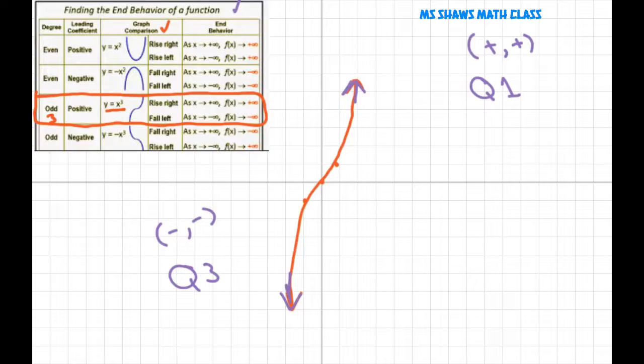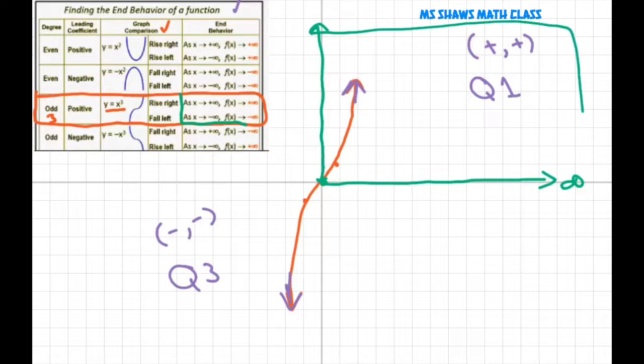So basically what this little piece in here means is as x from 0 gets larger and larger, so does my y values. So this piece right here is in quadrant 1. Now, for this piece here, as x from 0 gets smaller and smaller, so does my y.